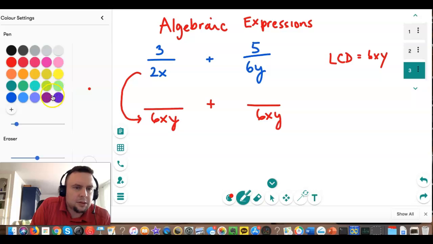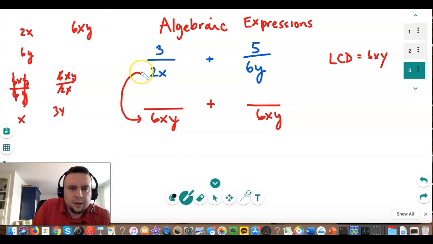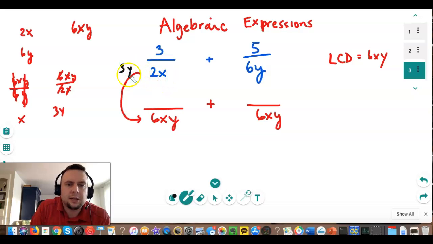Multiply 2 times 3, let me get that one. All right, so 3 times 2x gives me 6x, but 3y times 2x gives me 6, and then xy. So multiply 3y on the bottom, and I get my common denominator, and multiply 3y on top. 3y times 3 gives me my 9y.